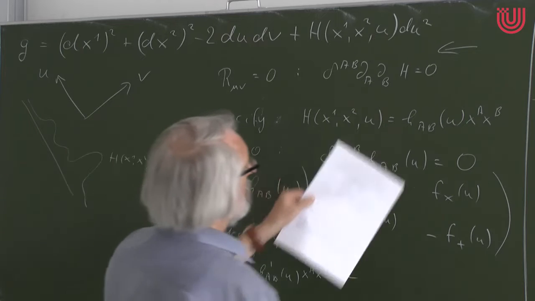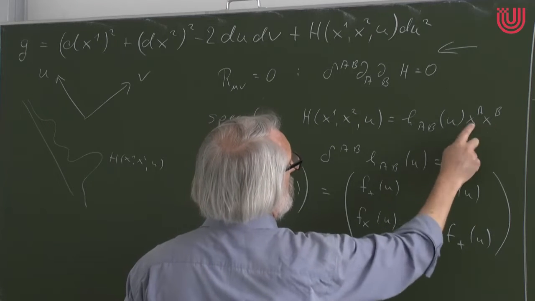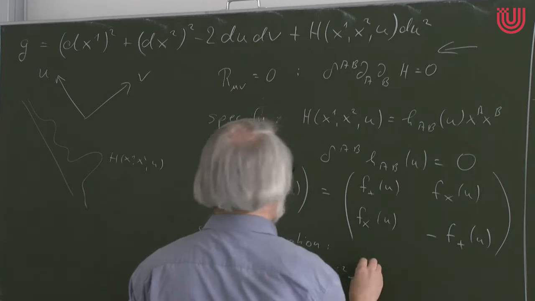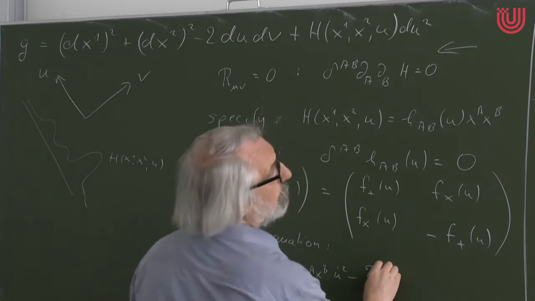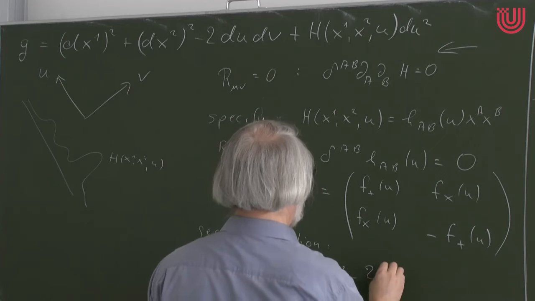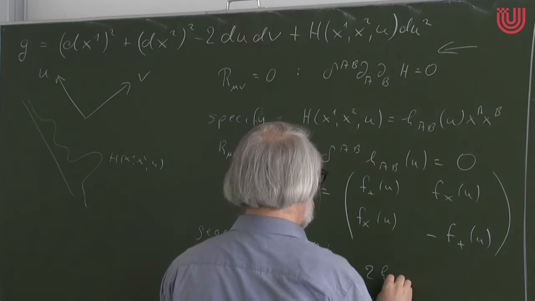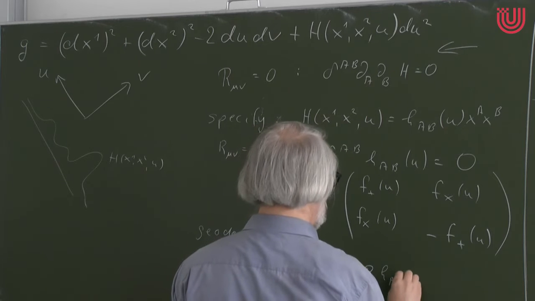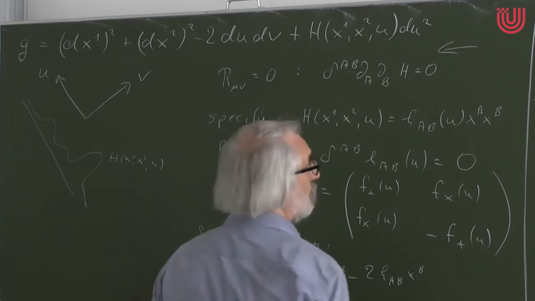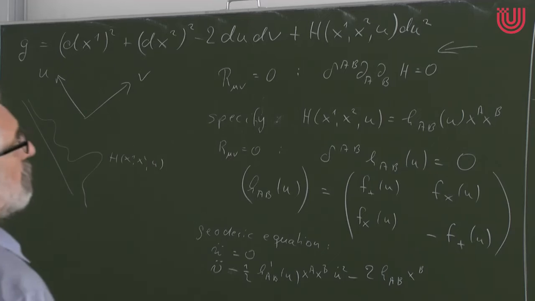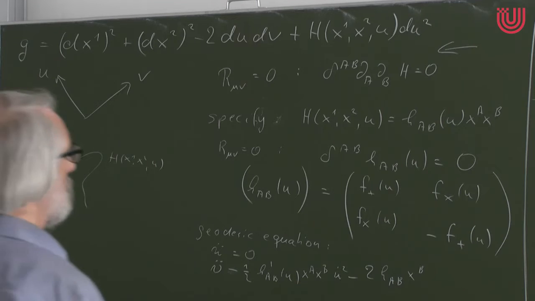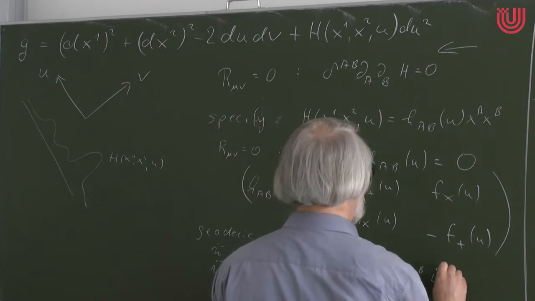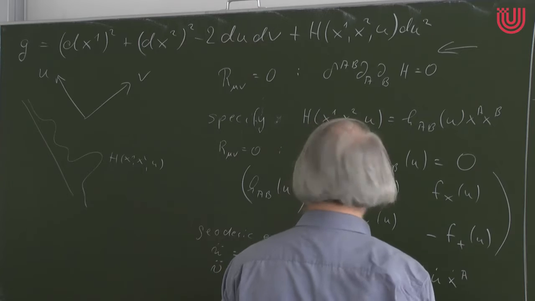d_A h, because I have to differentiate with respect to both factors, right? So I get 2 times, it's a lower index A, so I have H_AB x^B, right? I think that's it. u dot x^A dot equal to 0.